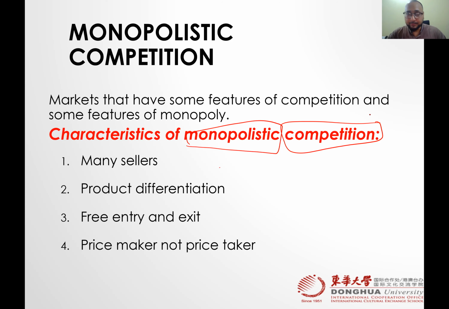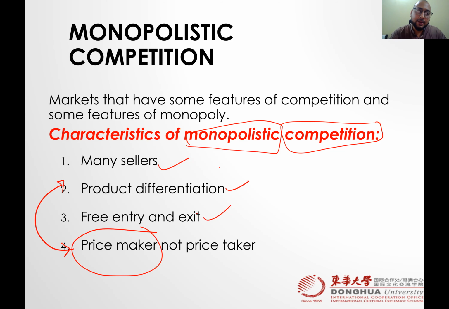So monopolistic competition has many sellers, product differentiation, which means they are selling some kind of unique, different products, free entry and exit, and they are price makers. So you see, some characteristics are of monopoly, like price maker and product differentiation, unique product, and some characteristics are of competition, like many sellers and many buyers, and then free entry and exit, right?